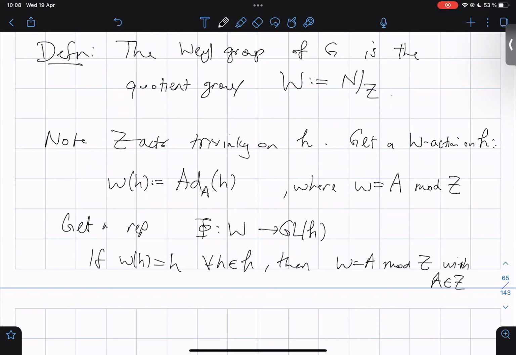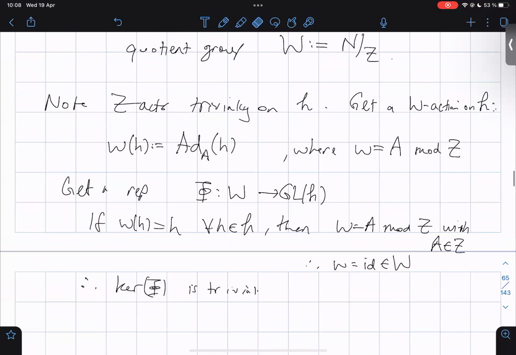But W is A mod Z. So therefore, W is just the identity element in W. So this representation phi, this map, has trivial kernel. It's an inclusion. Therefore phi is injective, and so I could identify W with its image. There's no information lost there.